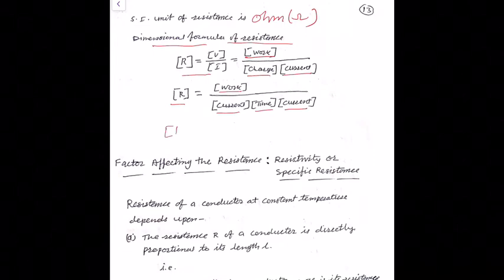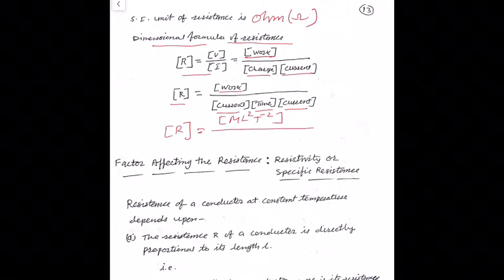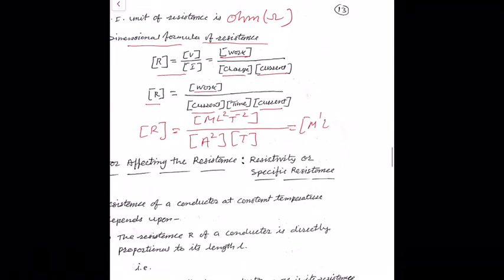Work has dimension M1 L2 T minus 2, so R equal to work upon A square into T, so M1 L2 T minus 3 A minus 2.